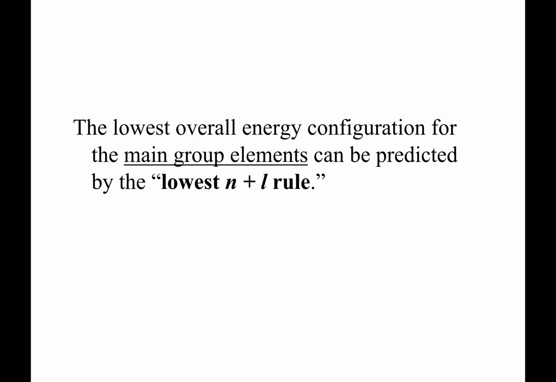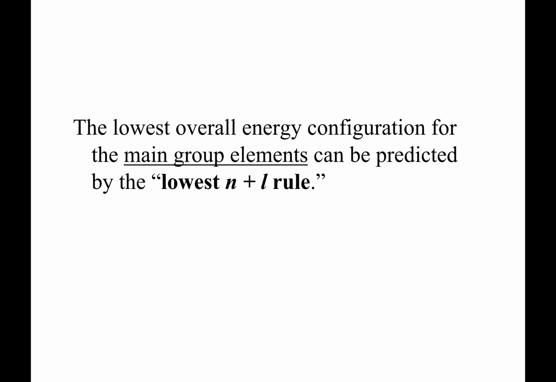So, for here, n is equal to 1, so my n plus l value is 1 plus 0. Right? This guy. n is equal to 2, so here I have 2 plus 0, 2. Here I have 2 plus 1, 3.